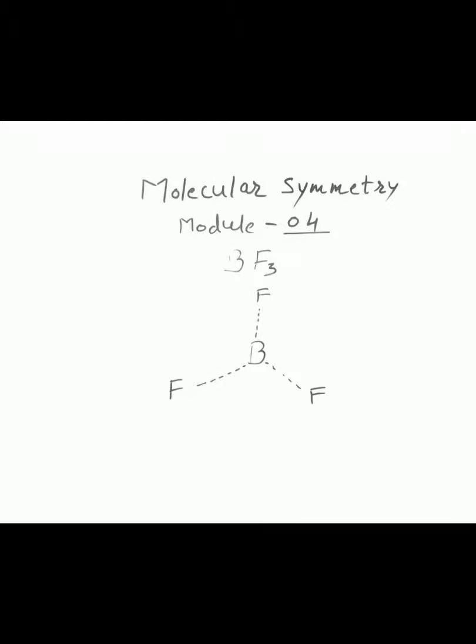Now suppose this is the BF3 molecule: fluorine 1, second fluorine, third fluorine. If I pass the plane, now this you have to consider as the plane. As the plane is invisible on a white background, I will pass the plane like this. Suppose I pass the plane like this, which passes through fluorine 1 and the central boron atom.